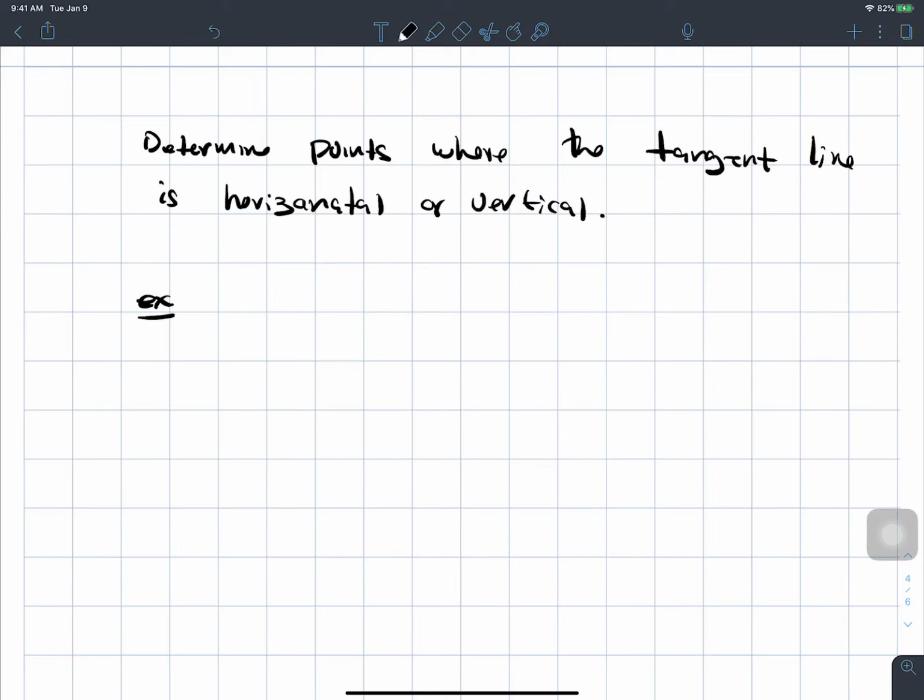So we're going to try one that says r equals cosine theta plus sine theta. Here's this curve. So we need to find points on this curve where the tangent line is horizontal or vertical.